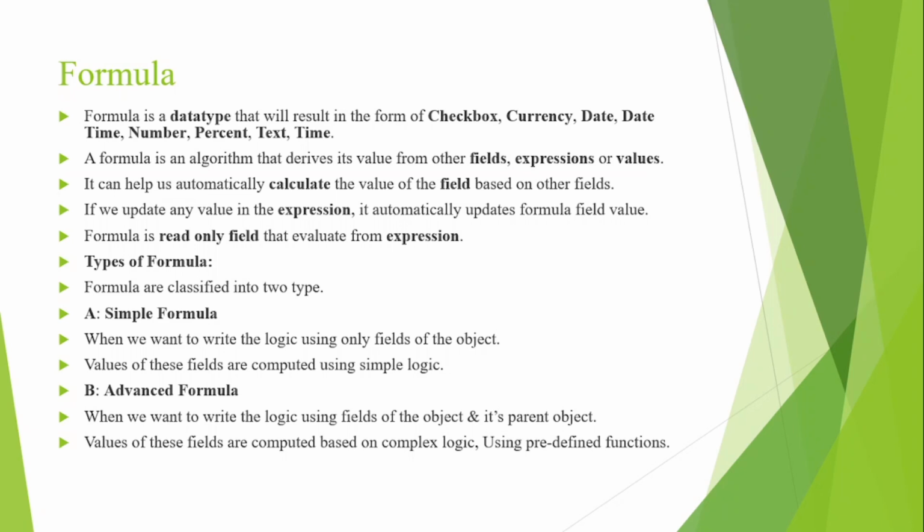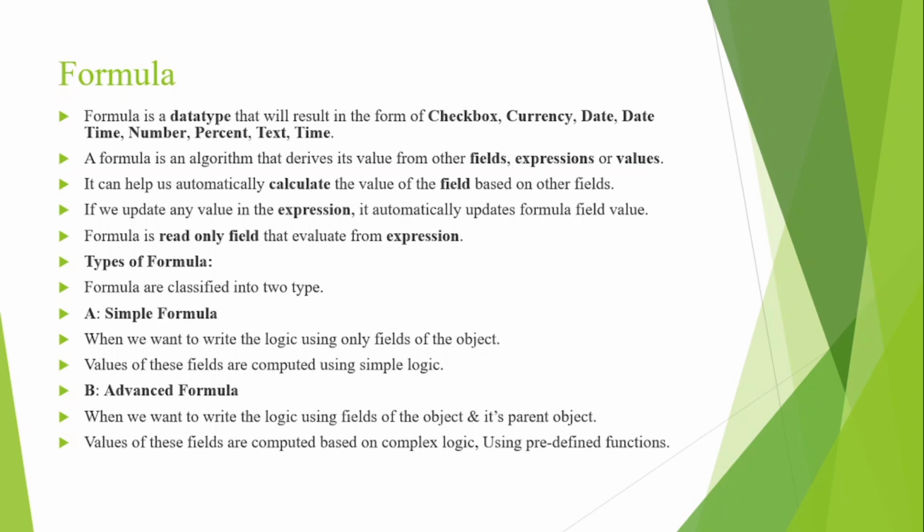Formula is a data type that will result in the form of checkbox, currency, date, date time, number, percent, text, time. These are the outputs of the formula data type. Whenever it is getting calculated on behalf of some field values, it is going to result in these data types only.